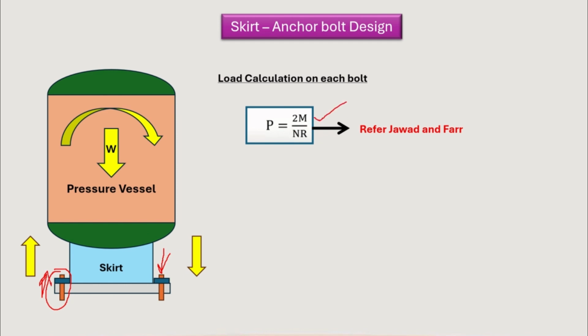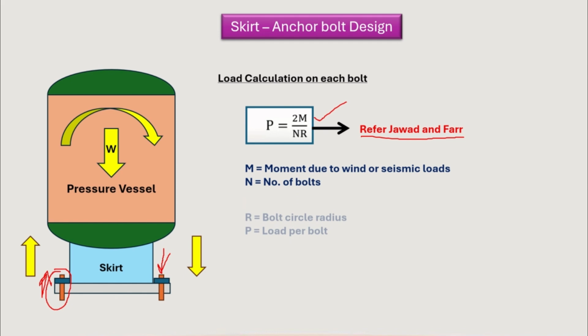This is the formula given in the reference book, guys. You can refer to this as well. Where M is the moment due to wind or seismic loads, N is the number of bolts, R is the bolt circle radius, and P is the load per bolt. So this is the formula for bending due to seismic and wind.